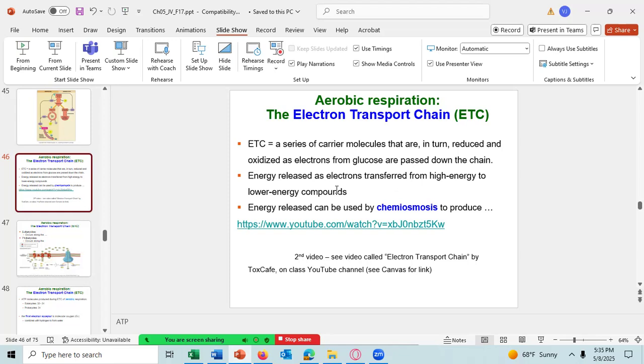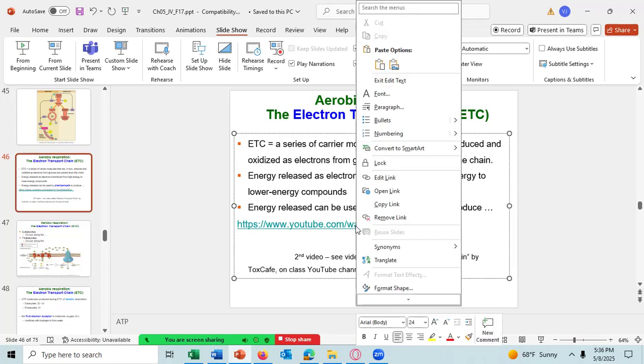Energy is released as electrons are transferred from high energy to lower energy compounds, meaning in the chain here, on the left side, we have the higher energy, and then on the right side, we have the lower energy. Energy is released and used by chemiosmosis to produce ATP. Any question about any of that? And chemiosmosis is just a part of the electron transport chain.